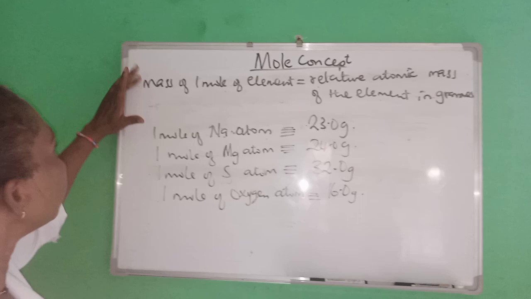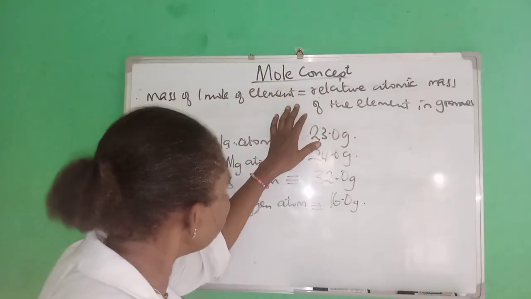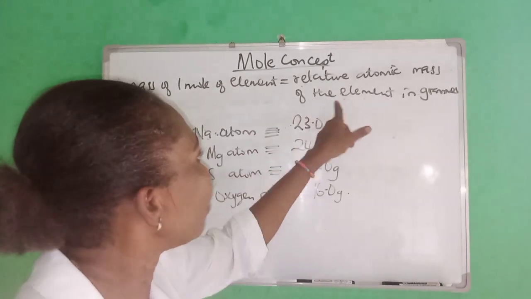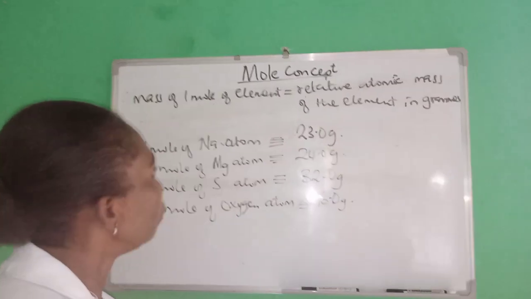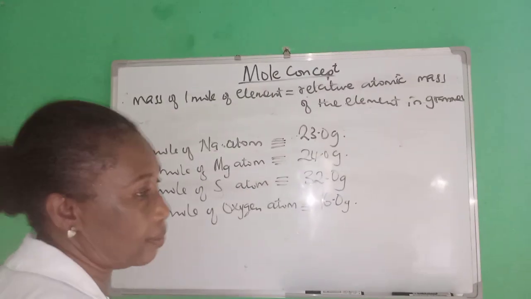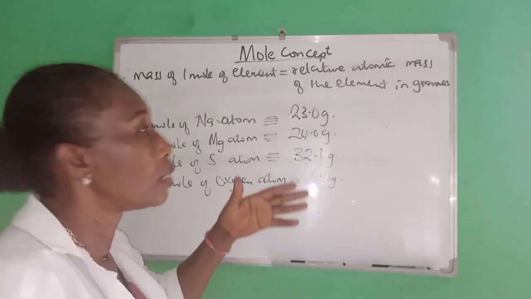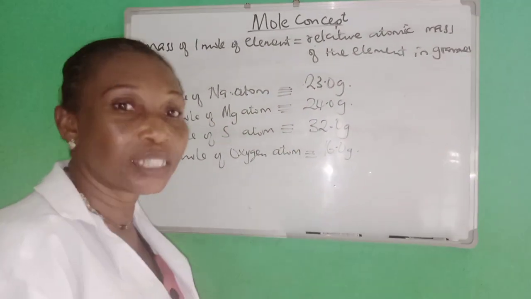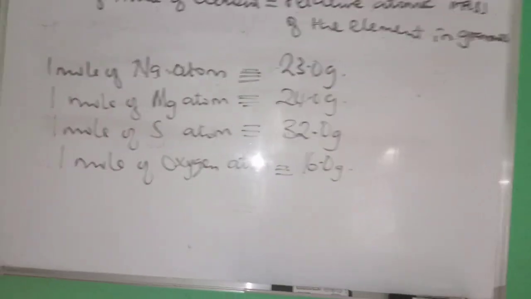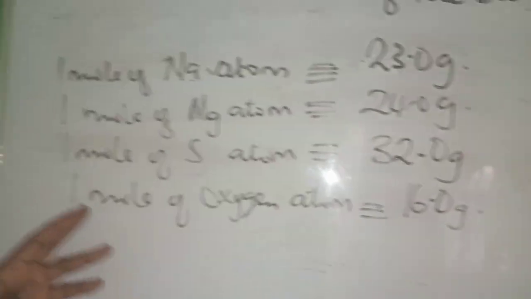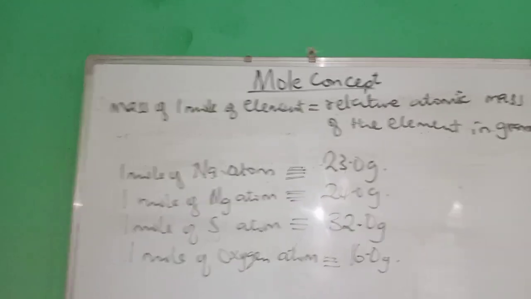So from the explanations earlier made, we find out that the mass of 1 mole of an element, which we can interpret as the molar mass of that element, is equivalent to the relative atomic mass of that element in grams. So 1 mole of sodium atom has a mass of 23.0 gram.